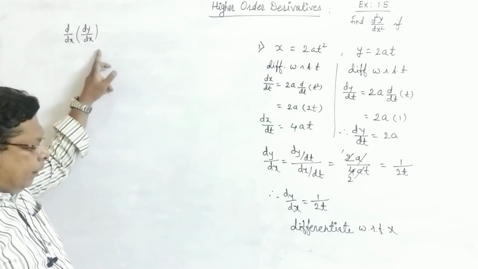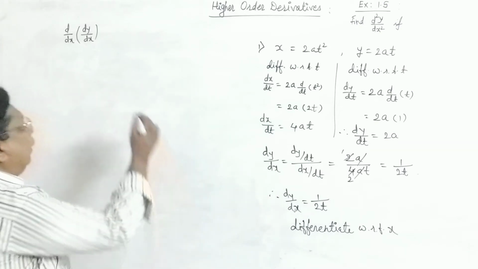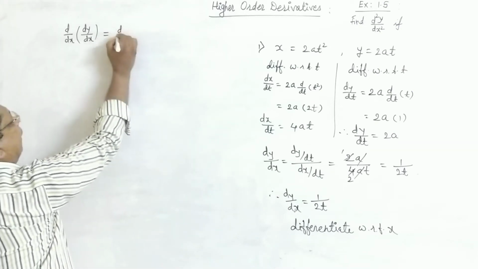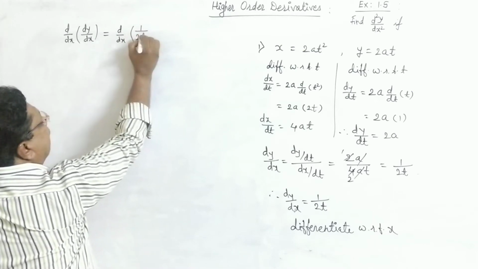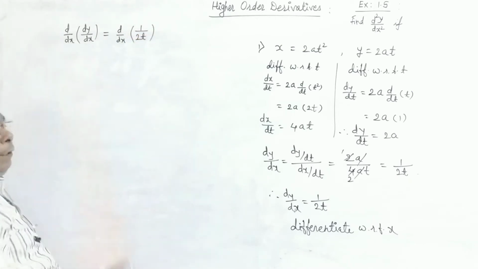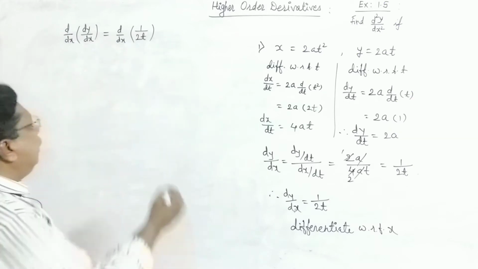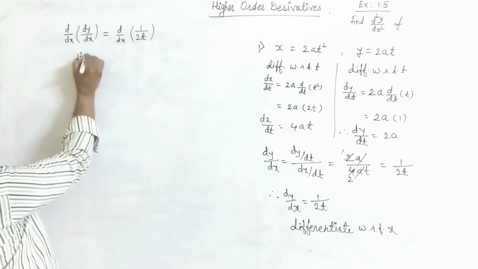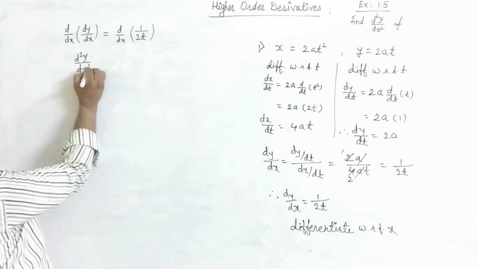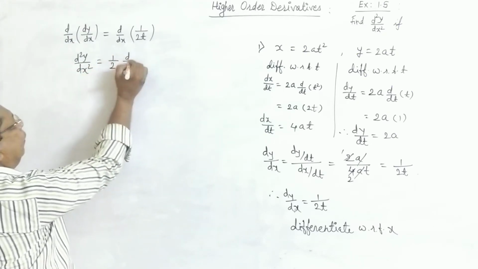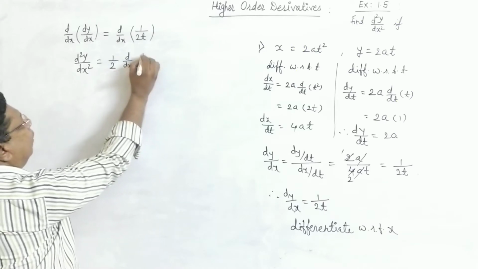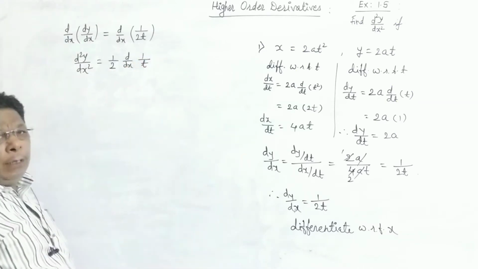Therefore d by dx of dy by dx is equal to d by dx of 1 upon 2t. Derivative of dy by dx is equal to d square y by dx square. So here 1 upon 2 is constant into d by dx of 1 upon t.